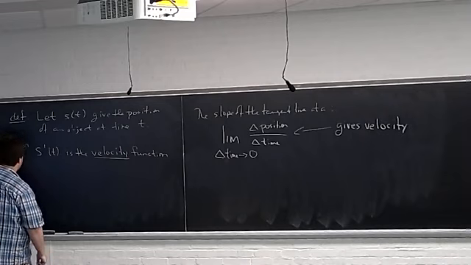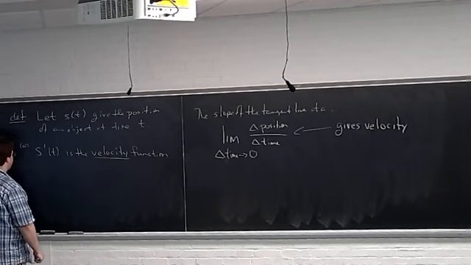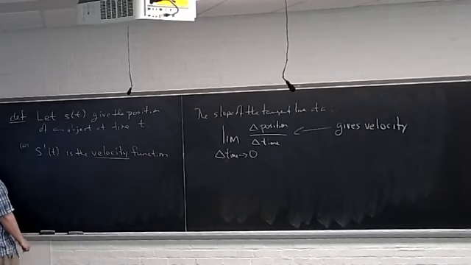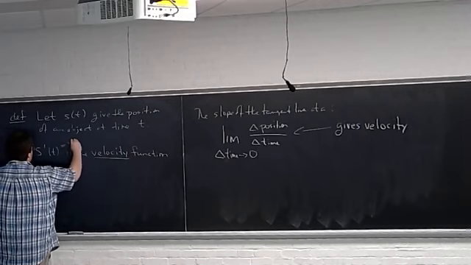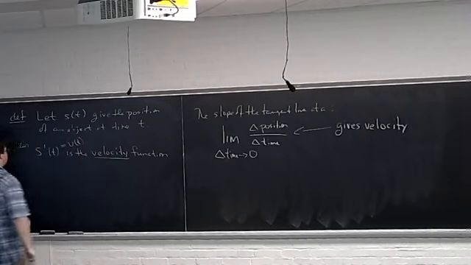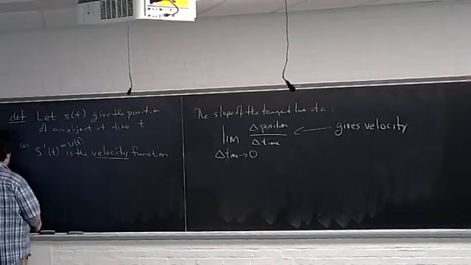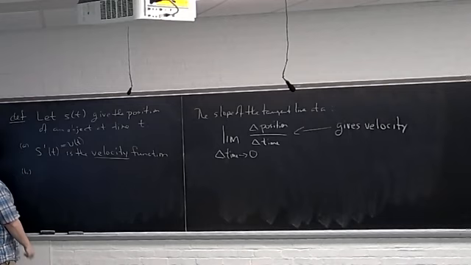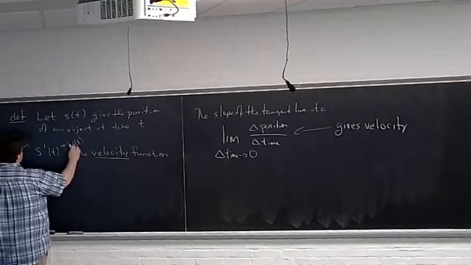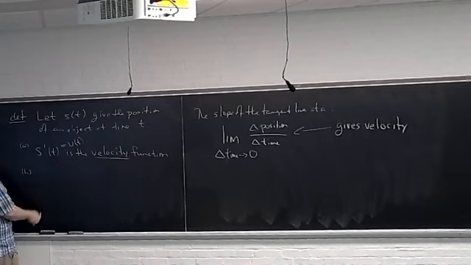And sometimes we'll use S prime, sometimes we'll use V of t. Sometimes we'll talk about the velocity function as V of t instead of S prime of t. Well, they are the same function. To find the velocity function, we take the derivative of a position function.